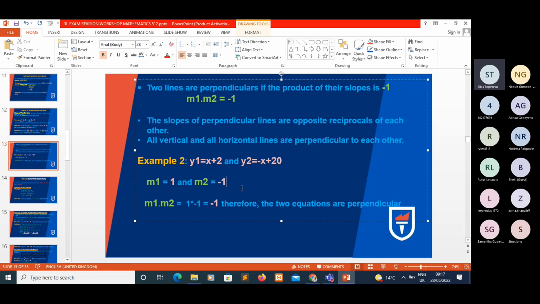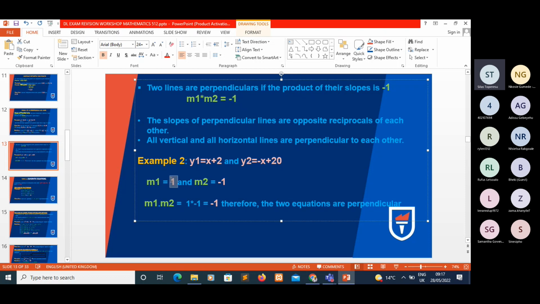Since I want to check whether these two equations are perpendicular, I need to multiply slope 1 times slope 2. This simply means multiplication: slope 1 times slope 2. They must give me -1. If I don't get -1, I can say these two equations are not perpendicular. That's how you determine it.